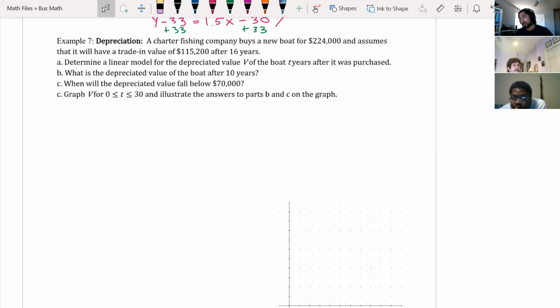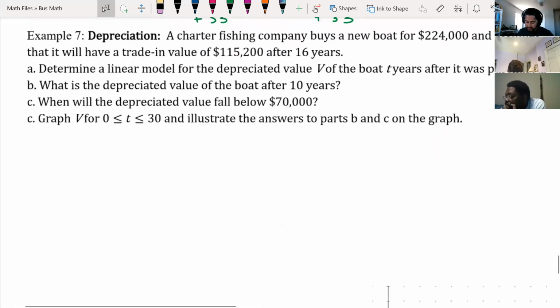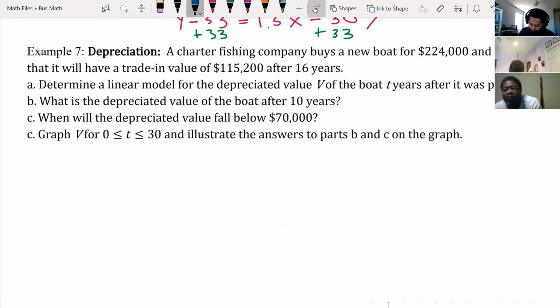So once again, we have our work cut out for us. What A is asking is create a linear equation that will represent the depreciation of this boat. So let's go ahead and examine the problem again, and we'll start with A.